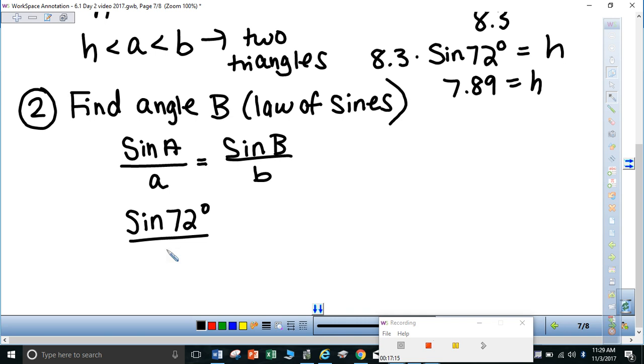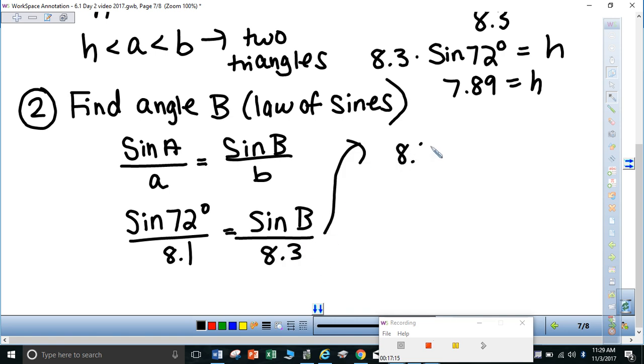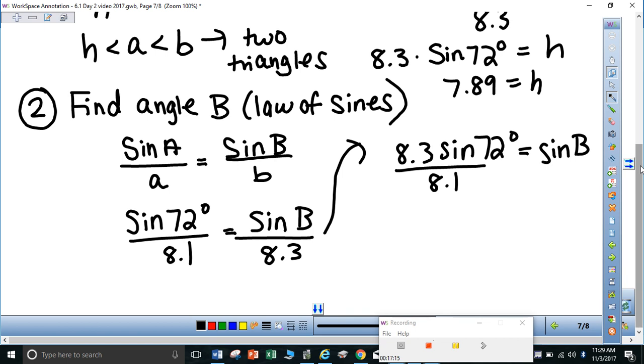So sine 72 over 8.1 is equal to sine B over 8.3. Okay, so let's go ahead and cross multiply. 8.3 sine 72, we're going to end up dividing that by 8.1. So it was 8.1 times sine B, and then divide both sides by 8.1. So I just sort of skipped a step there in my writing. Because we're solving for an angle, we're going to need to do the inverse.